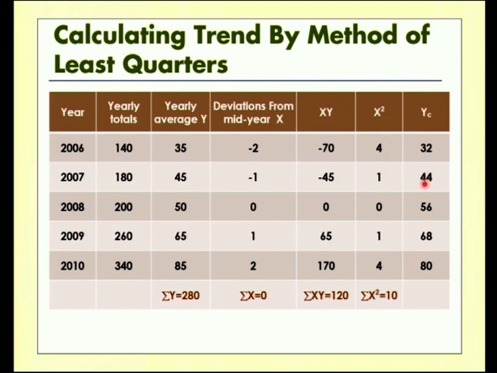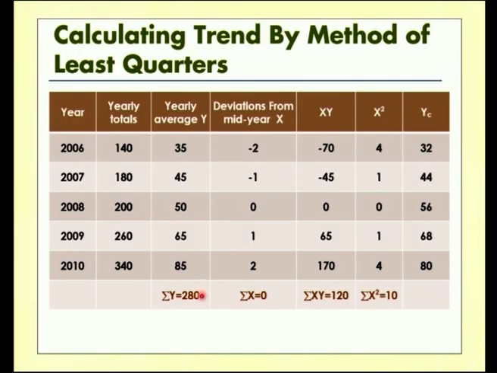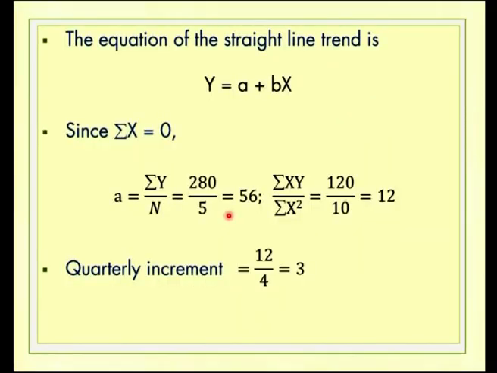How are these 32, 44, 56, 68, 80 calculated? The equation for the straight line trend is y is equal to a plus bx. Since summation x is equal to 0, a is equal to summation y divided by n. Summation y is 280, divided by 5 is equal to 56.